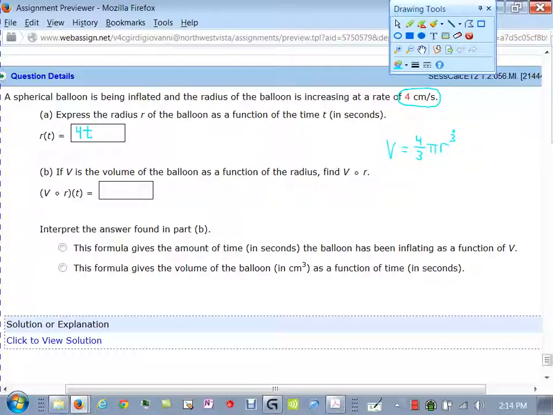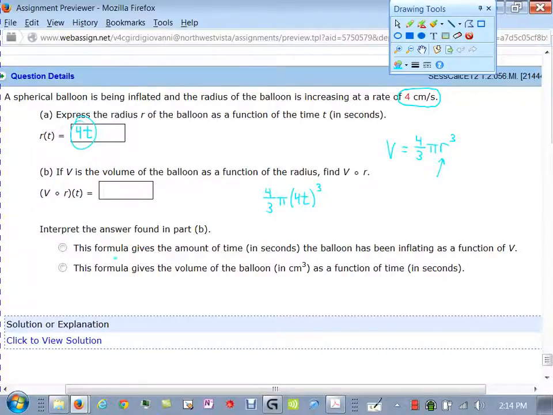And the radius here is a function of time, which is 4t. So I need to replace the r with 4t. And so you get 4/3 pi times 4t cubed. And then you just raise 4 to the 3rd power, 64, and then t cubed.